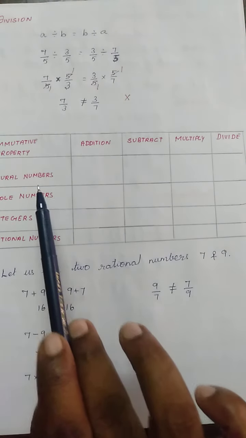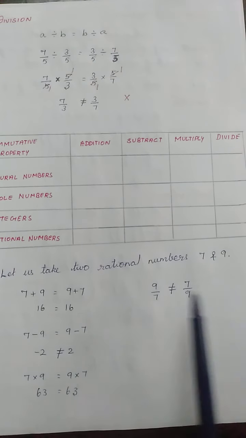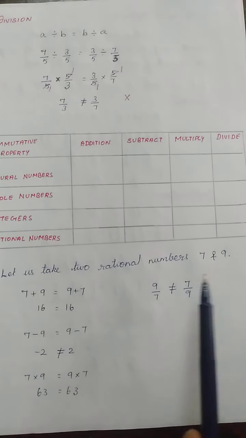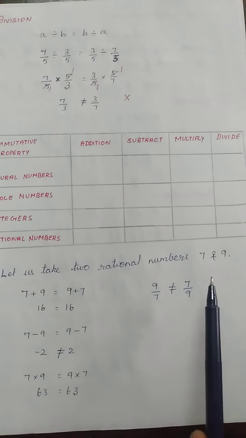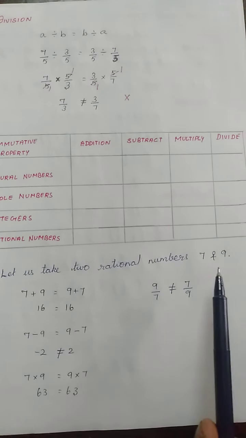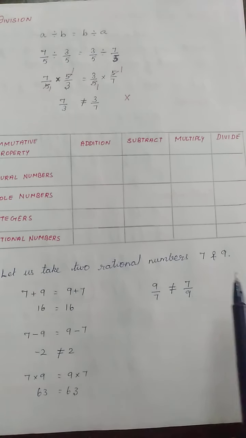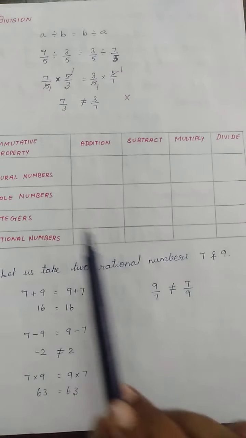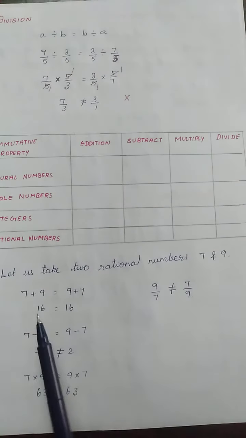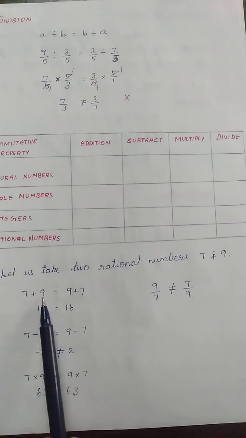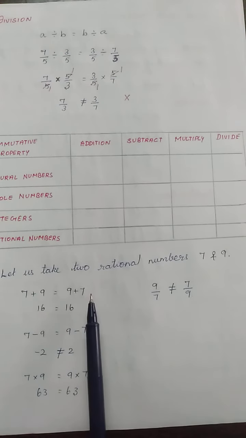Commutative property. Let us take two rational numbers, 7 by 5, 7 and 9. Is 7 a rational number? If so, say how. Is 9 a rational number? If so, write how it becomes a rational number. Now first let us see for natural numbers. 7 plus 9 equals 9 plus 7.